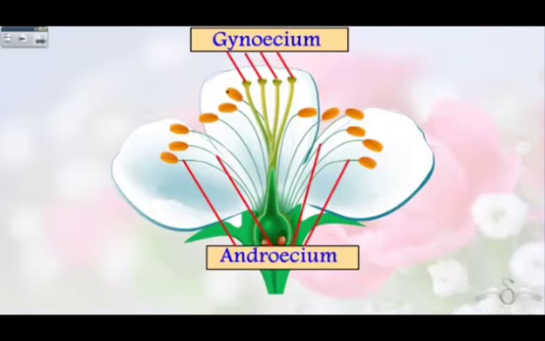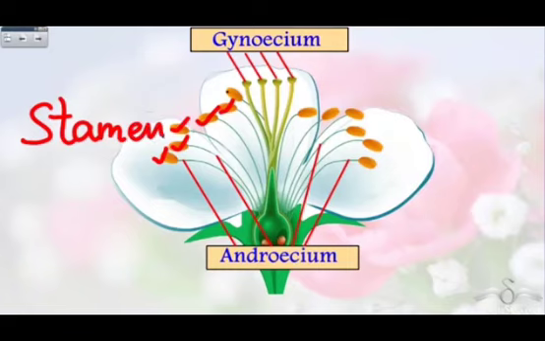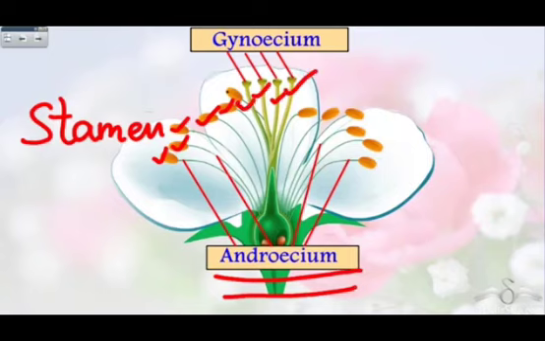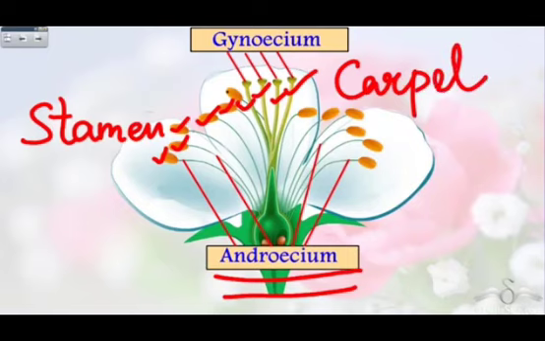So, in this flower, you can see these are the individual stamens, and all of these stamens form the androecium. That is the male reproductive part. Similarly, if you see here, each of these is a carpel, and all of these carpels together form the female reproductive part known as gynoecium.